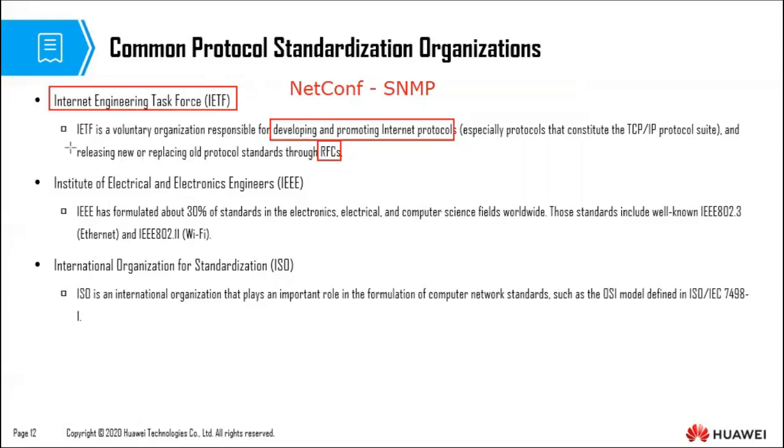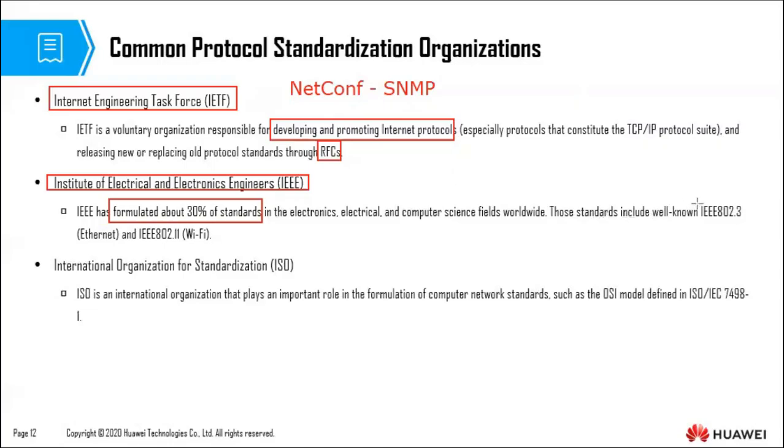So IETF, Internet Engineering Task Force, we also have IEEE. We talked of IEEE, right? It has formulated about 30% of the standards in electronics, electrical, and computer science fields worldwide.